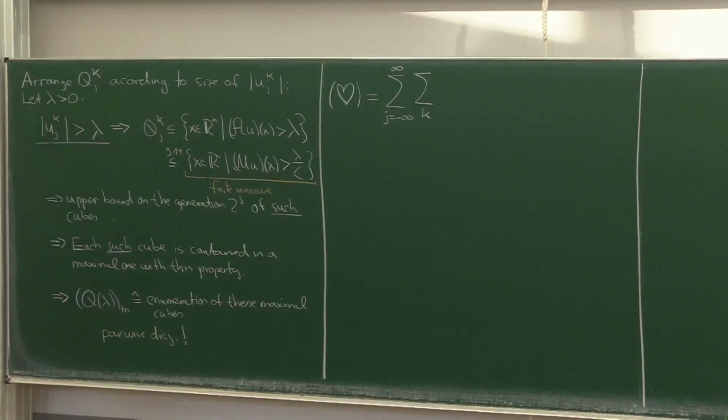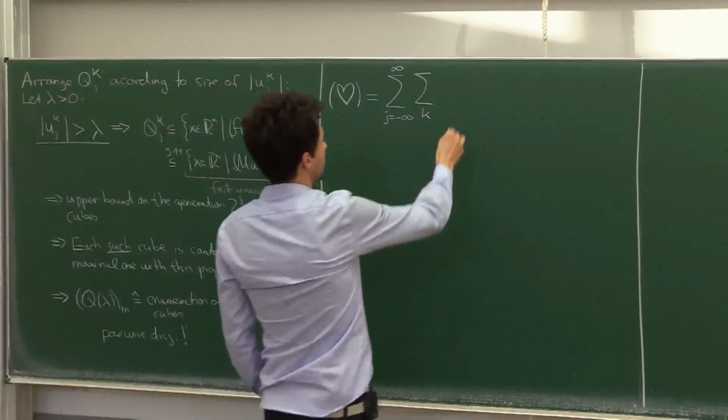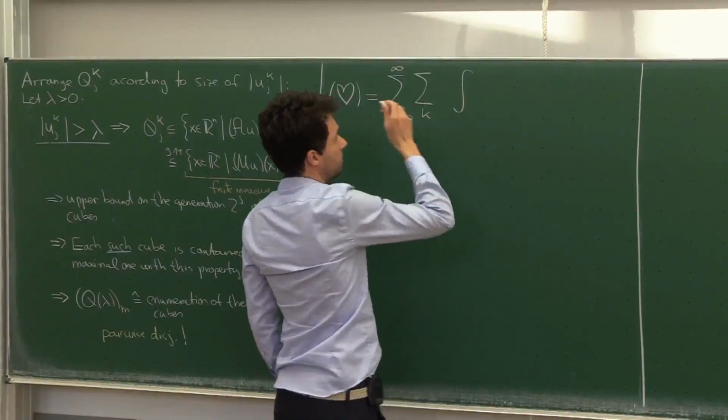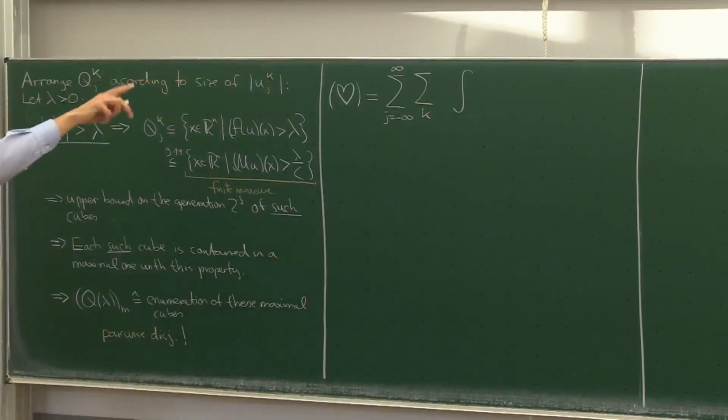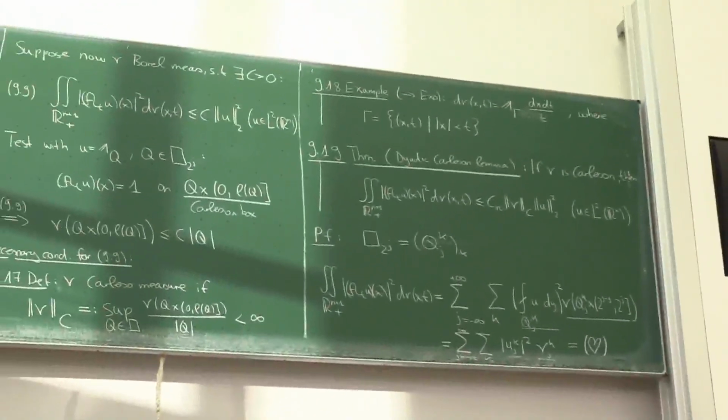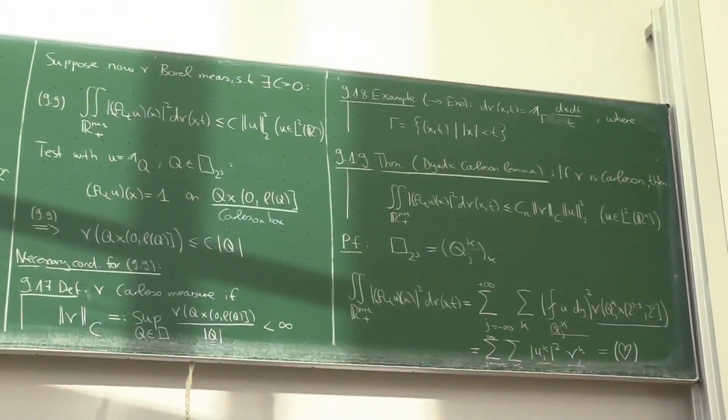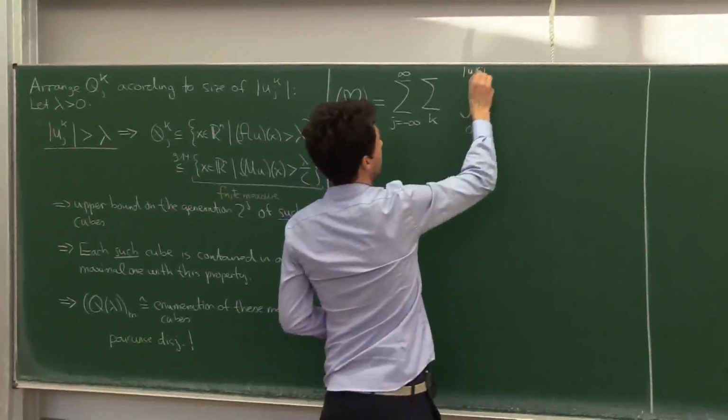So now I'm using the same trick as in the layer cake formula. I just artificially write these numbers, u_jk squared times nu_jk, as an integral. I write it as the integral from 0 to the absolute value of u_jk.